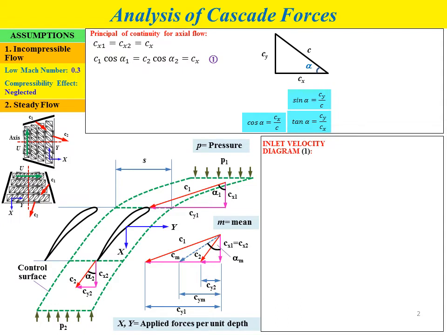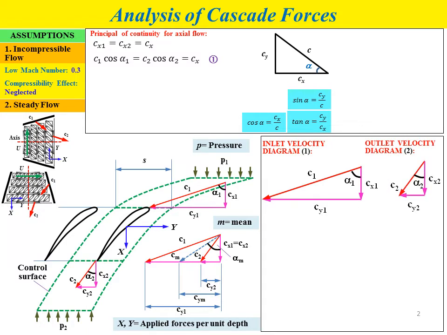Okay, now we just extract from the cascade blade figures the individual inlet velocity diagram at point 1, which refers to the inlet of the cascade blade. So this is the individual velocity diagram at the inlet. We have C1, alpha 1, the X component for C1, and the Y component for C1.